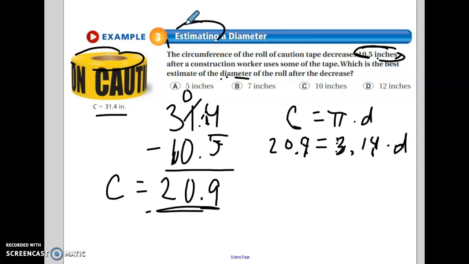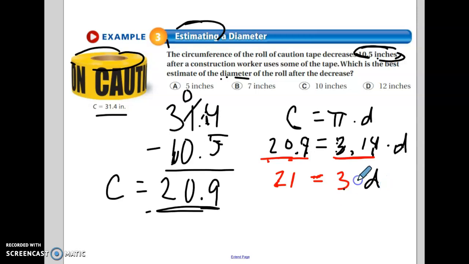So we are going to use our number sense. Well, I know 20.9 is really close to 21. And I know that 3.14 is pretty darn close to 3. And if I were going to approximate, it seems to me I would use those numbers because these are divisible by each other. Well, 21 is divisible by 3.